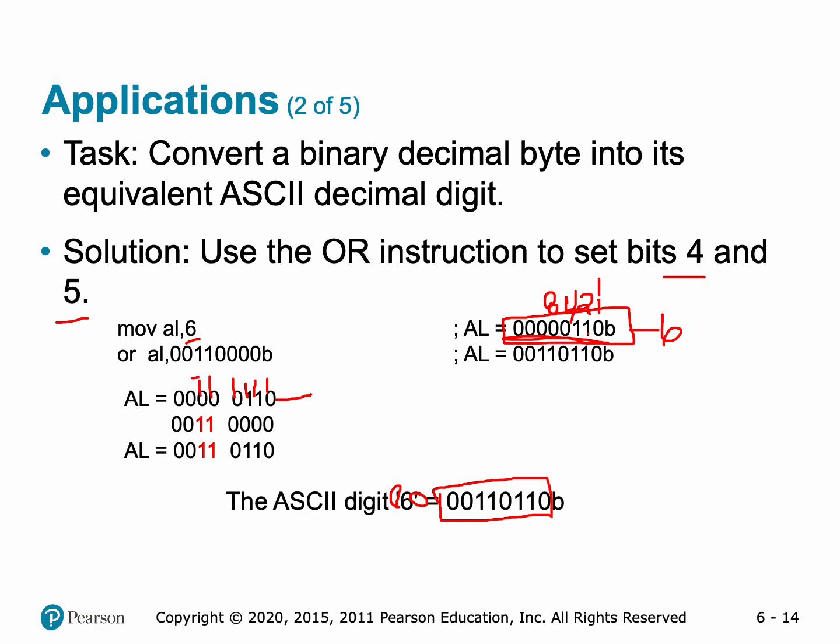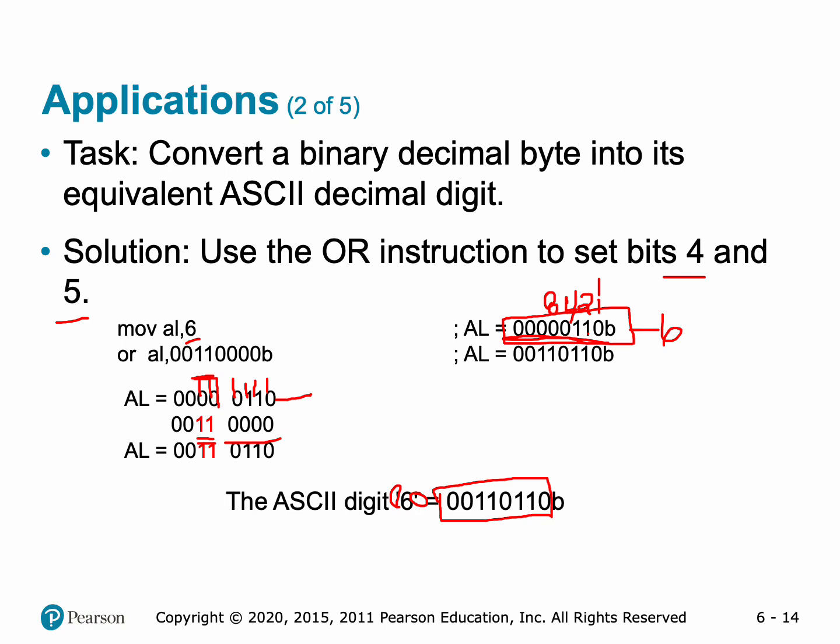So we're looking at these 2 bits right here. And what we're going to do is OR and make those 2 1s. So we'll OR 0, 0, 1, 1, and the rest 0.